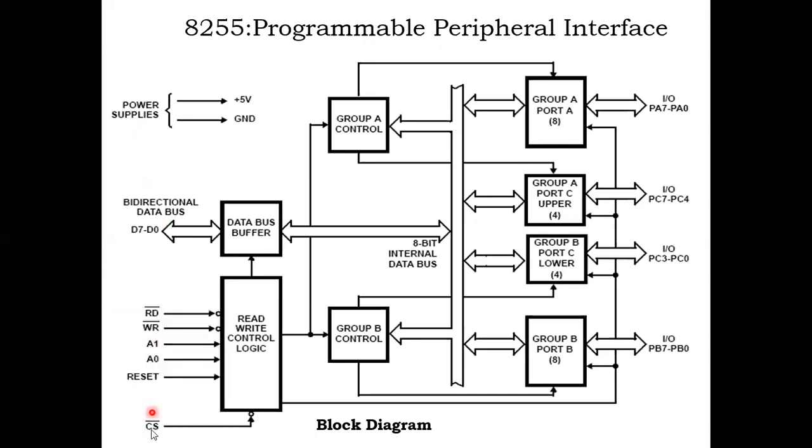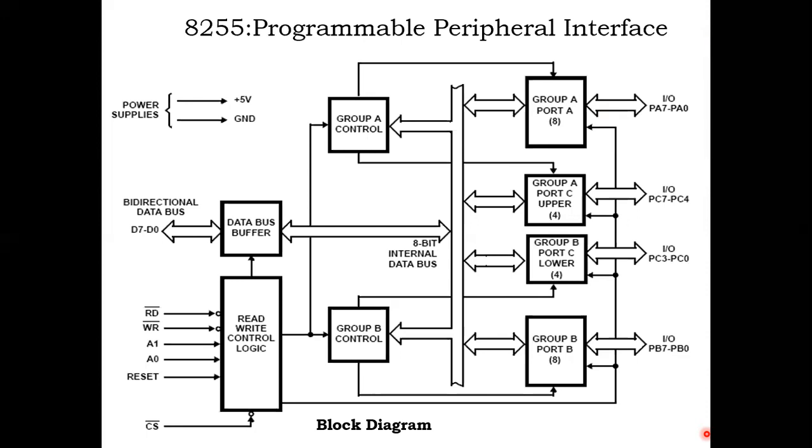These signals are defined by the microprocessor and given to the 8255 for controlling it. These are the input output devices, the output of 8255. If you want to connect any device, you can connect it to any port. The programmable peripheral interface is used to generate the input output ports.